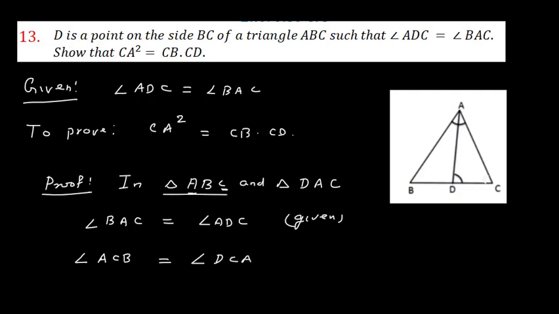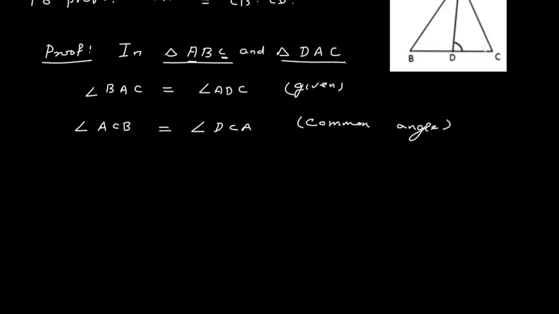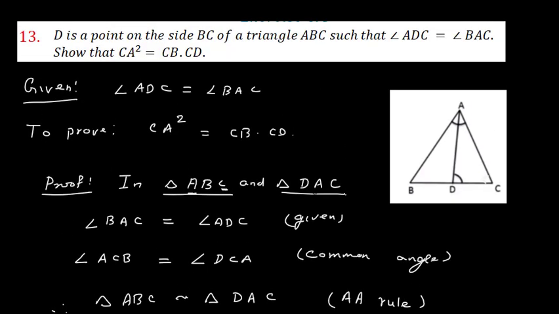You always see that I write a triangle in proper correspondence, and to write an angle or side I look at how I have named these triangles. So here the reason is that it is a common angle, right? Therefore, triangle ABC is similar to triangle DAC, and the reason here is the angle criterion, or angle rule, or angle theorem you can say.